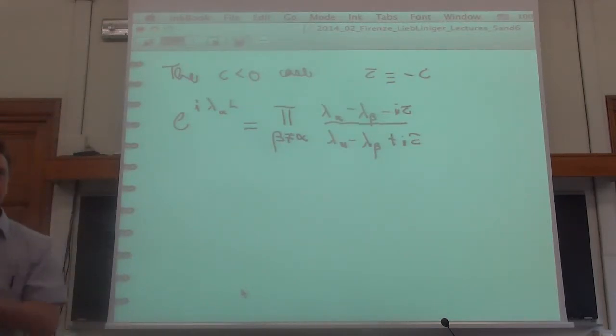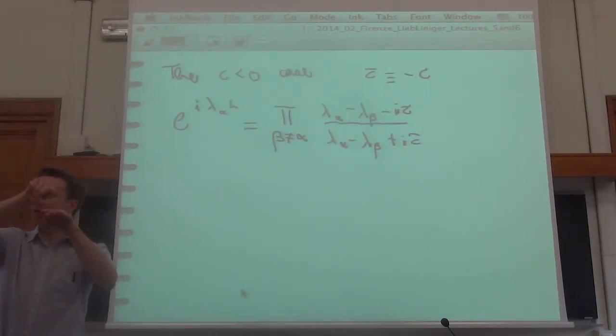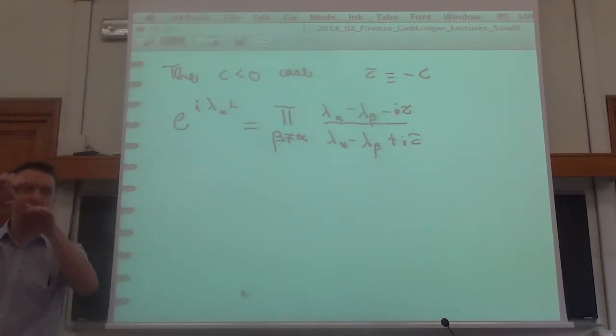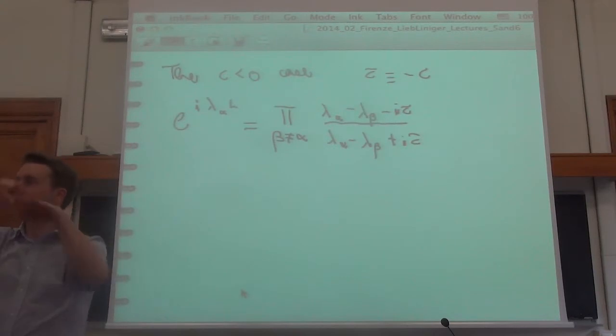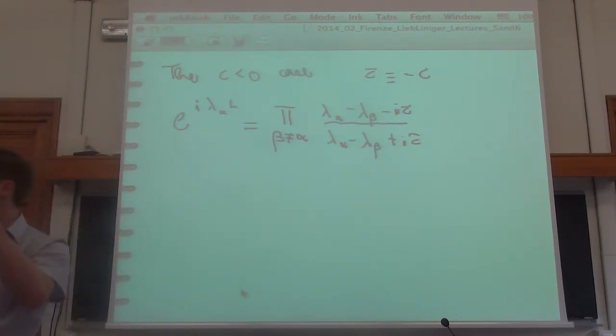Okay, so if you have a rapidity with an imaginary part, say here, then the only way you can fulfill your equations in the limit when L goes to infinity is if there is another rapidity sitting C bar below in the imaginary direction.